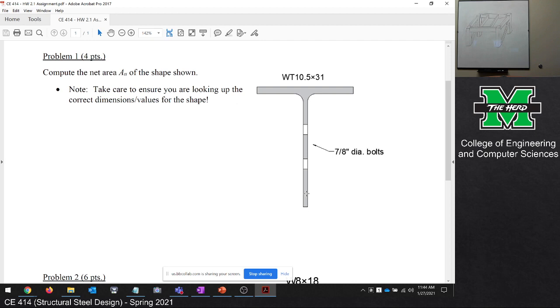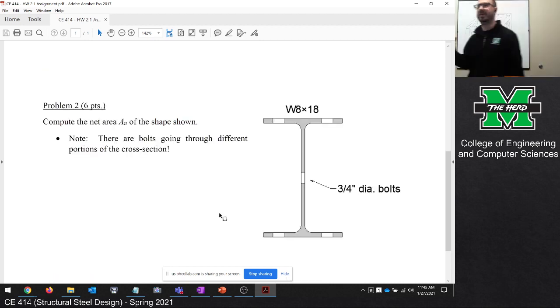I want to be very clear on this. Don't just use a flange thickness because that's what we used in class. Look at the problem, look at what's going on, and then use the values that are necessary in order to answer the question. So I want you to determine the net area of this shape, and then I also want you to determine the net area of this shape. This one is probably more aligned with what Benjamin was saying with his question.